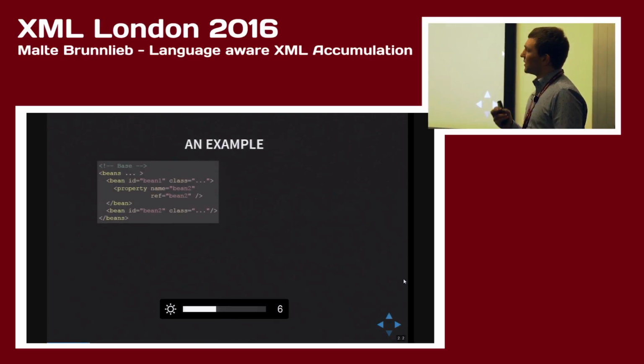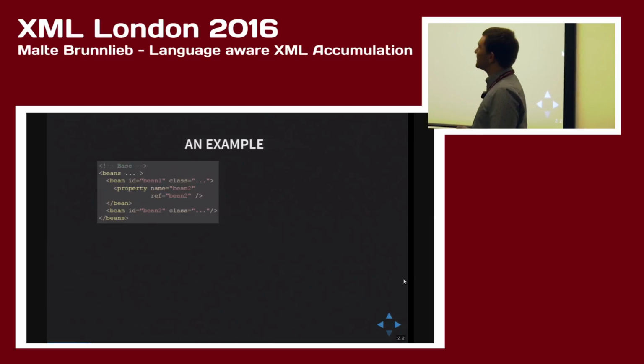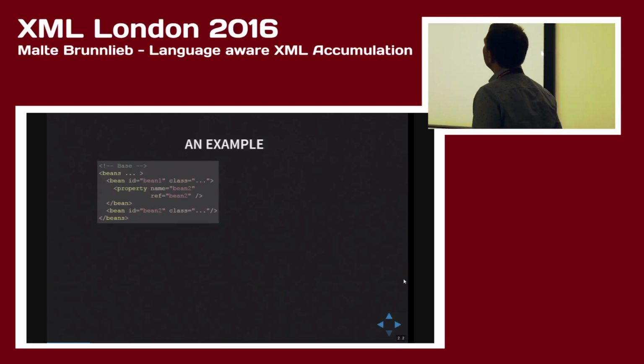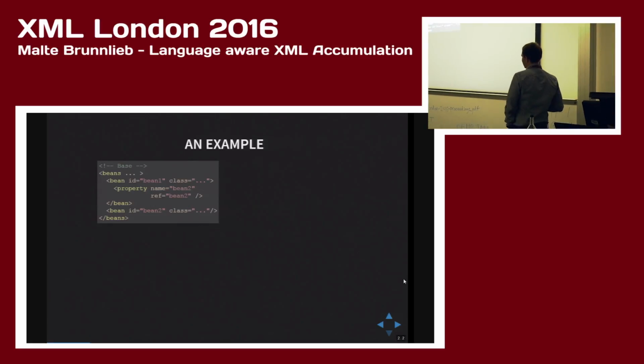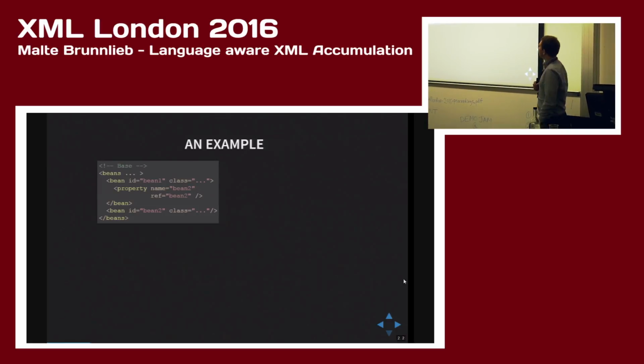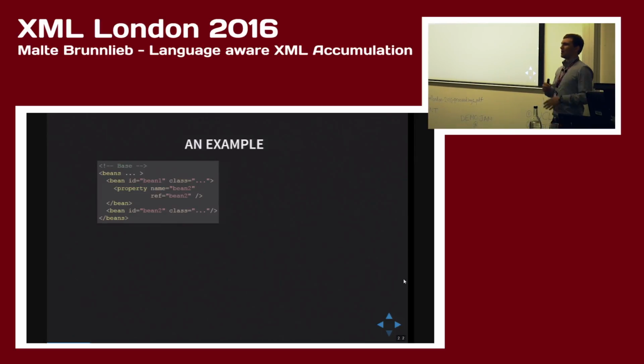Yes. So let's speak about some examples. I hope it's readable. In Java development, where I'm currently working, there is the Spring framework, which in the previous version, not the current one, had lots of configuration done in XML.